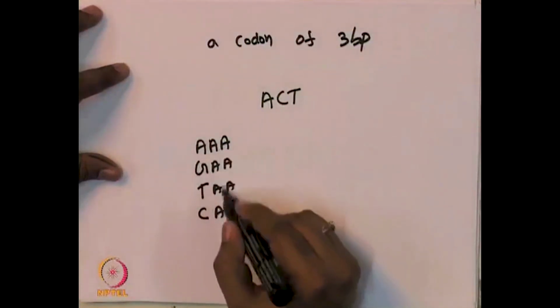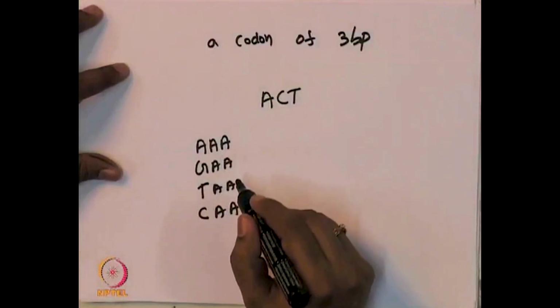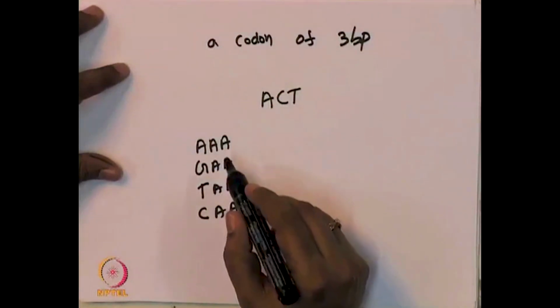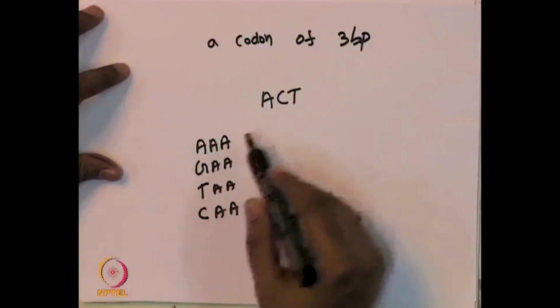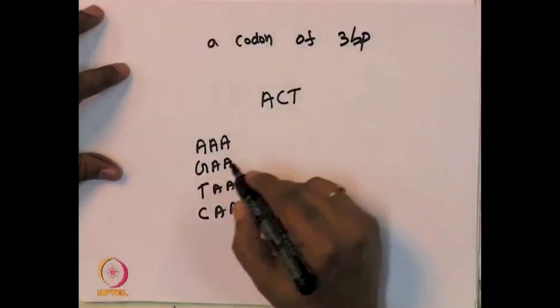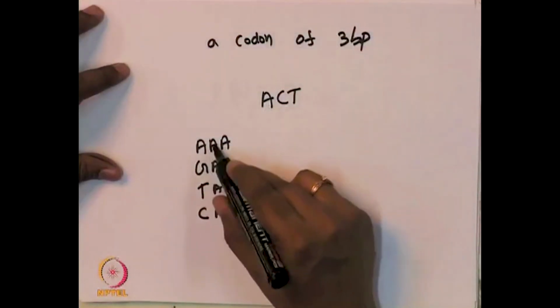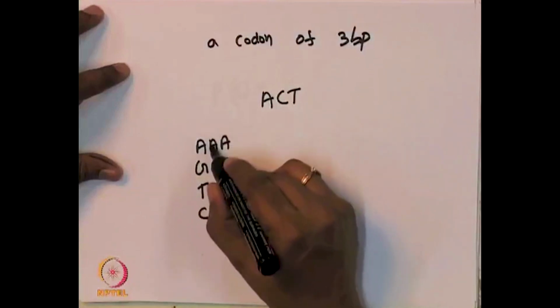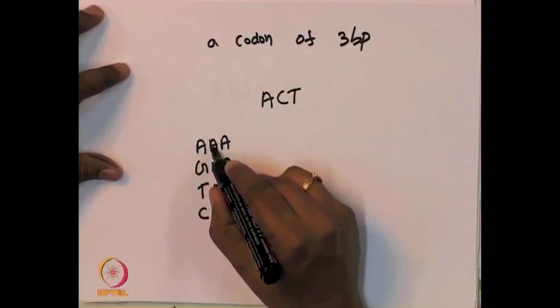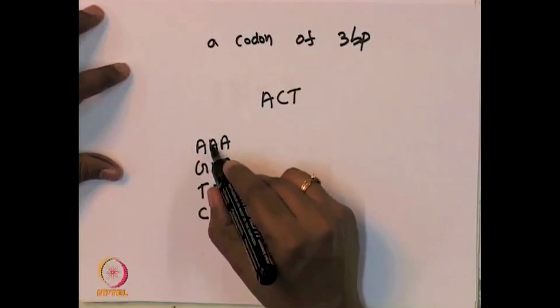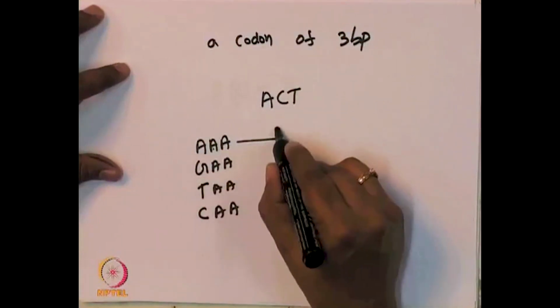For each of these letters you calculate how many of them are possible, right. So, there are 4 choices. Now, each of these A can be changed to C, G or T.